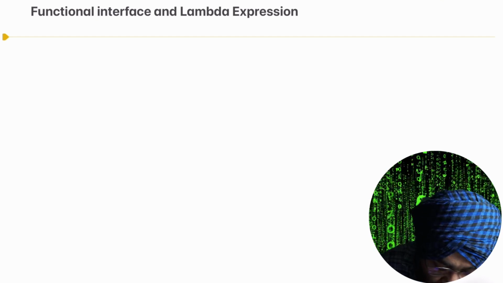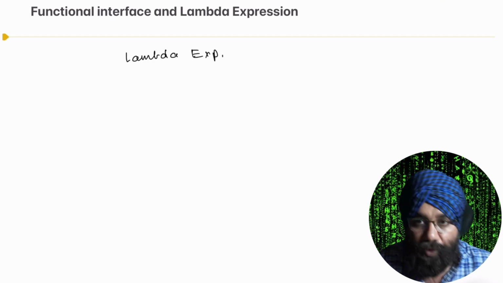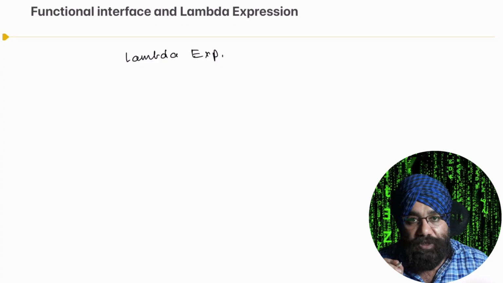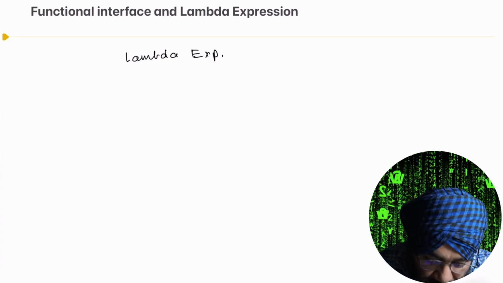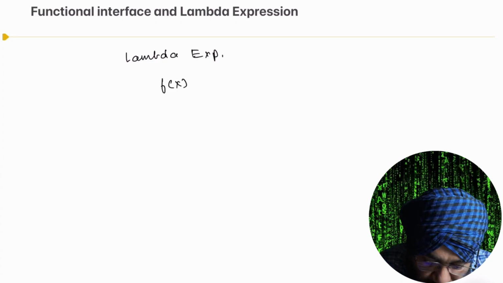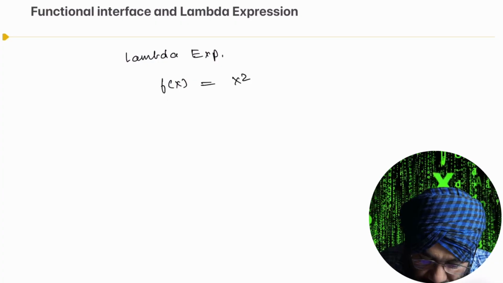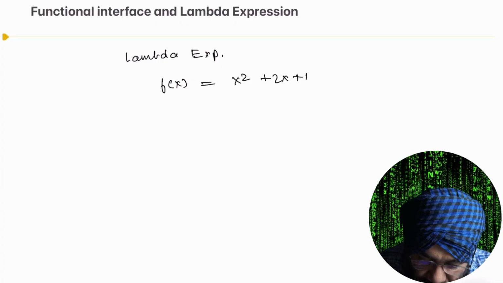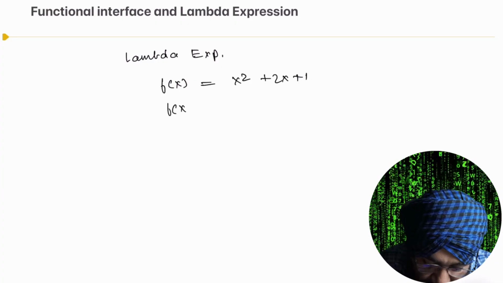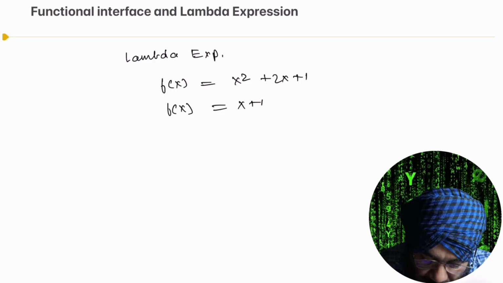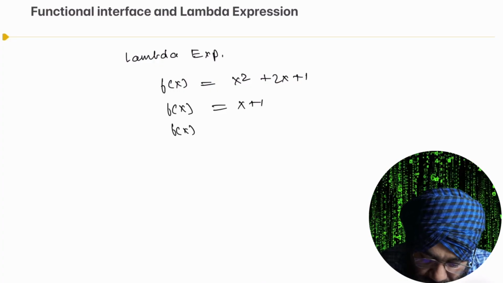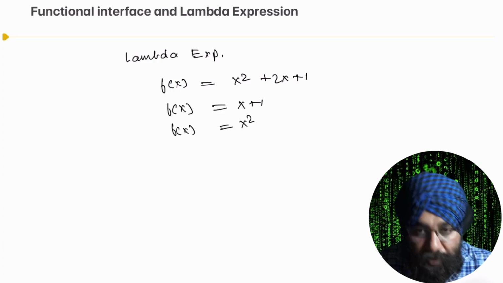So what is a lambda expression? You must have studied maths, where you used to learn functions. Function of x is equal to x square plus 2x plus 1, or function of x is equal to x plus 1, or function of x is equal to x square, anything.